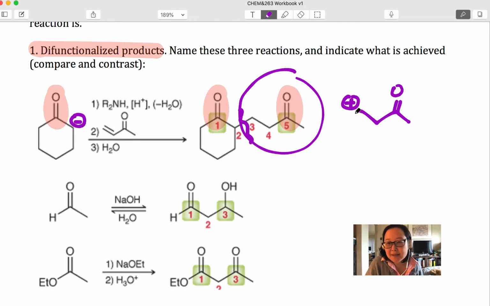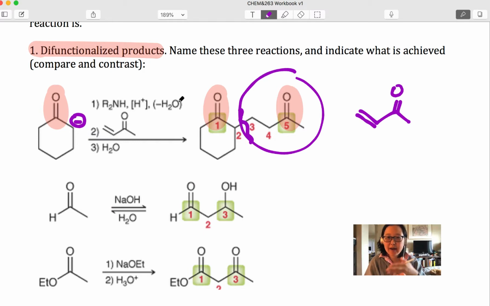So how do I get this to be positive? If you remember from some of the previous videos, I want to make it an electrophile by having a pi bond there. So this tells me it's a kind of Michael addition or conjugate addition, but I'm not starting with a Michael donor. This only has one carbonyl. It's not a very soft nucleophile. So I'm going to do the Stork enamine reaction.